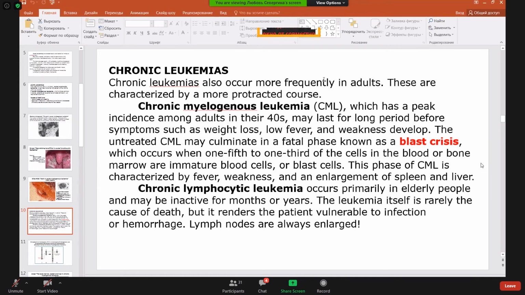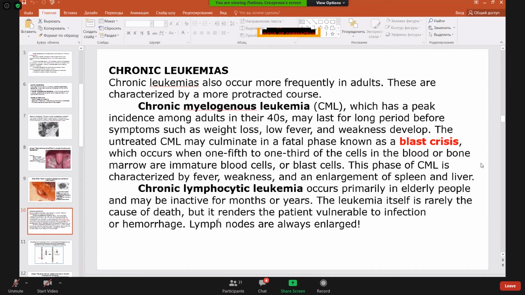Chronic myelogenous leukemia very often can be revealed in adults after the 40s. And this leukemia is characterized by a long silent period before the activation of the disease and before clinical symptoms such as weight loss, fever, weakness.